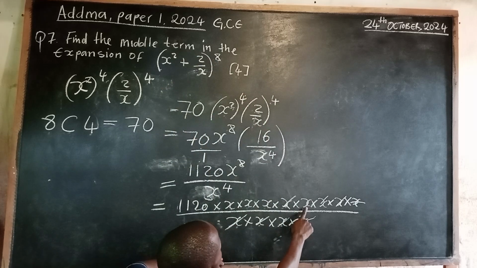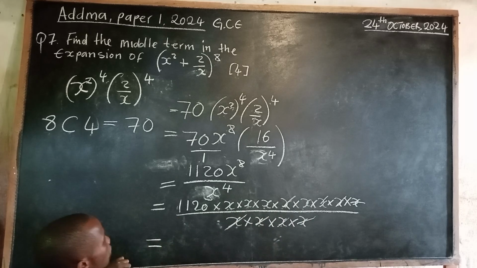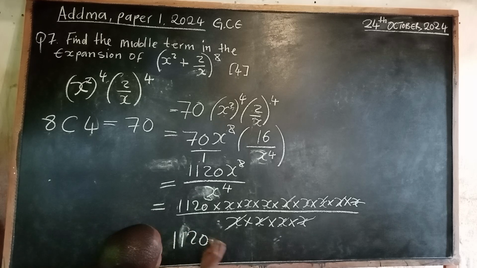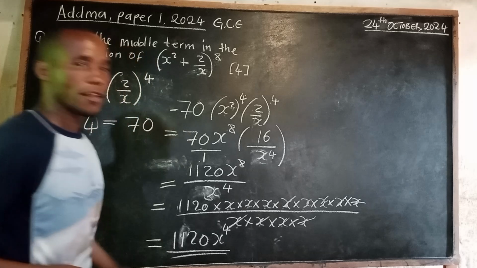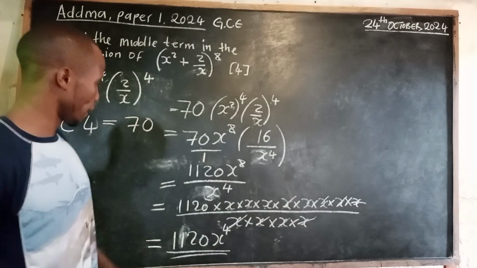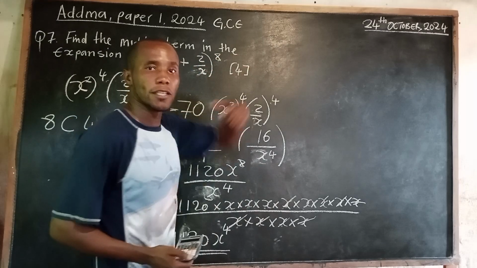We are going to remain with 1, 2, 3, 4. So the final answer is 1120 x power 4. That is the middle term of this expression. Once you do this, it means these 4 marks are yours.